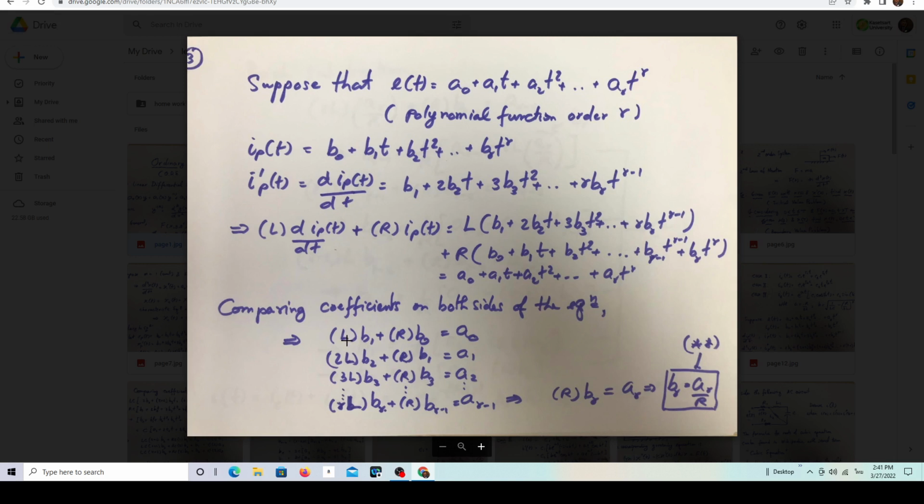This term keeps moving. You can now see the trend: L, 2 times L, 3 times L, up to the r term. The last term, the r term: before the last term, you have all the coefficients up to t to the r minus 1, t power r minus 1.